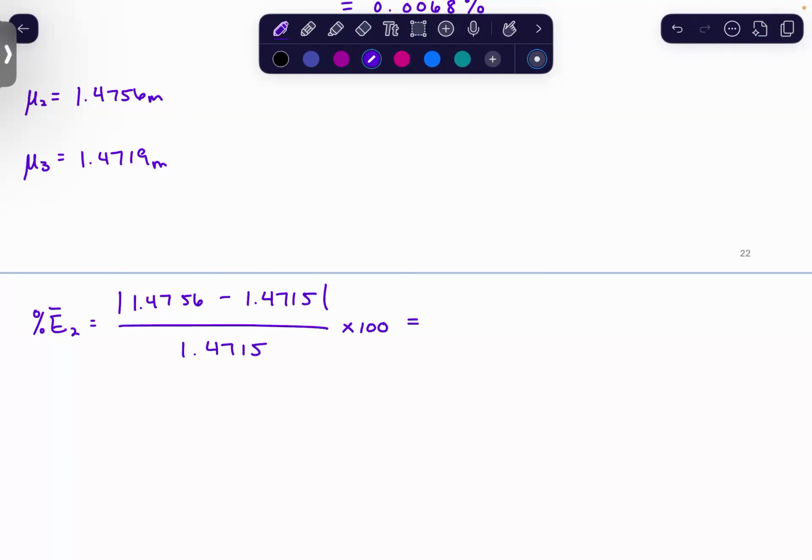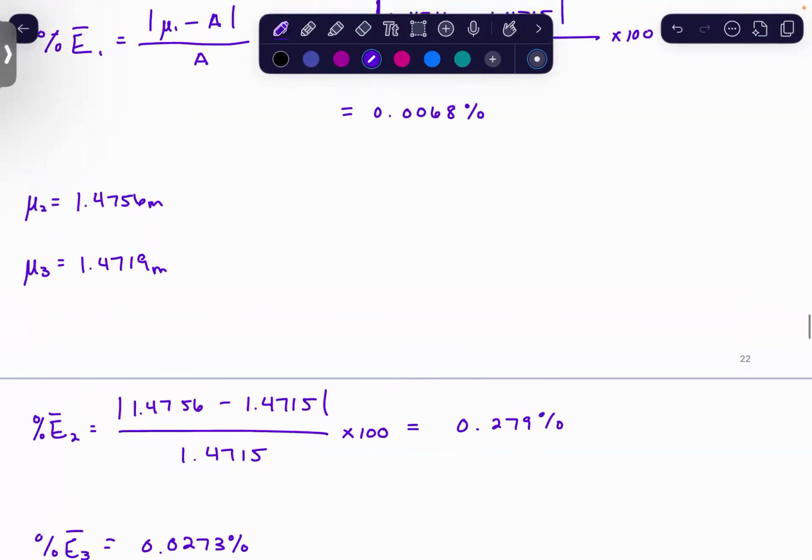So you see, now you're just using the same formula over and over again. So this is 0.279%. And if you did this again for student 3, you're going to get 0.0273%.